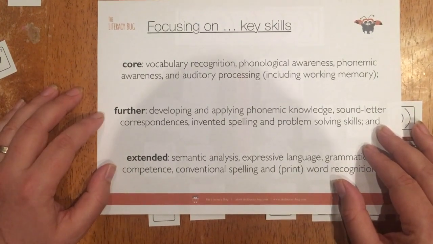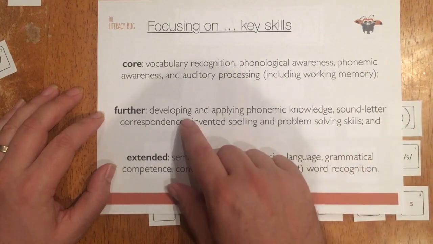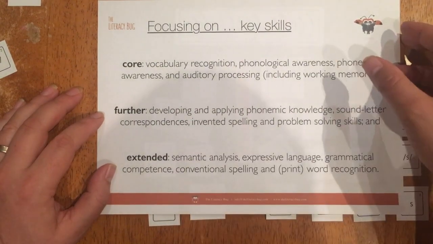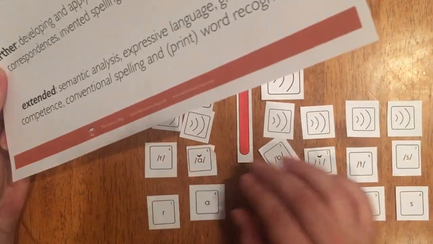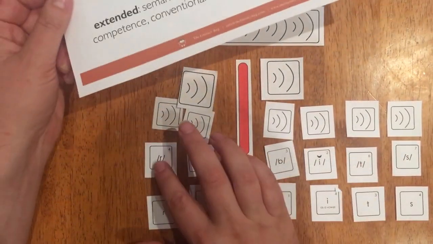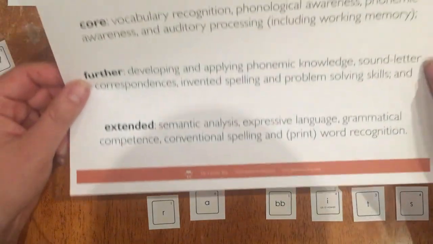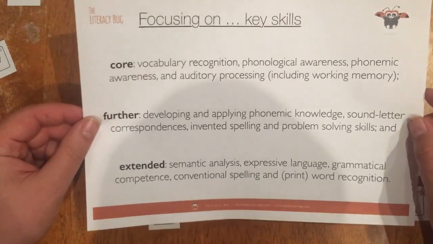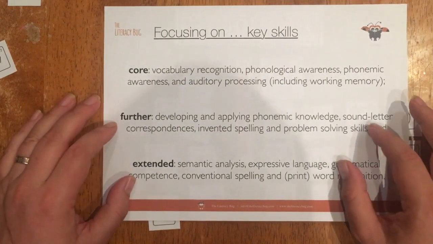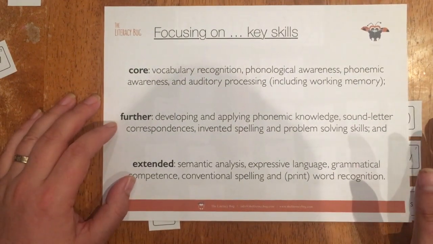of oral language. The further skill is further developing that phonemic knowledge. So not only knowing that there are sounds in a word, but they know that there are particular sounds, let's say in English, and that there are 44 or so sounds in English, and they develop this understanding over time. They start to learn sound-letter correspondences.